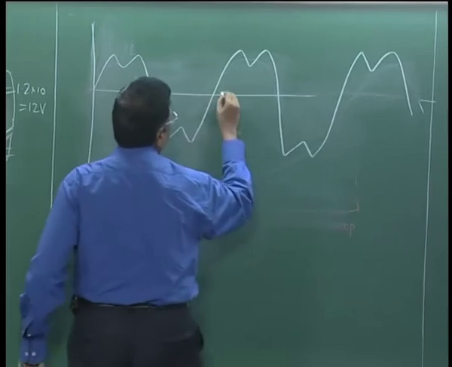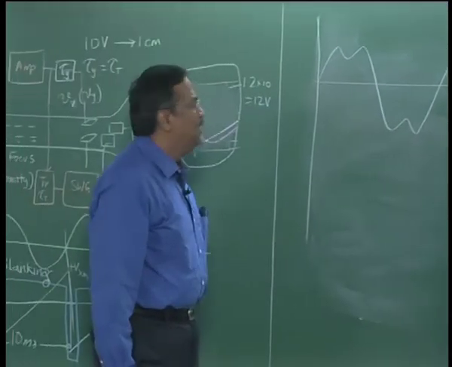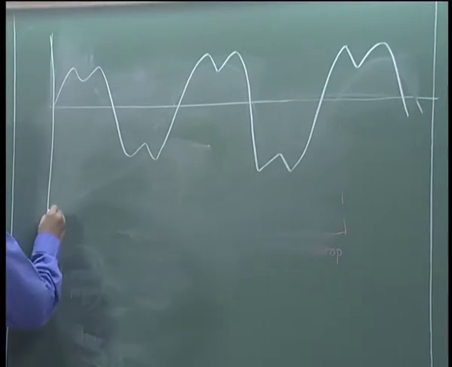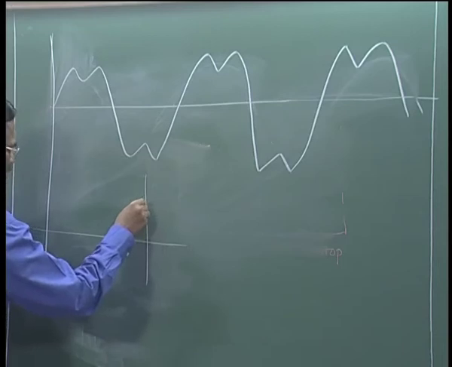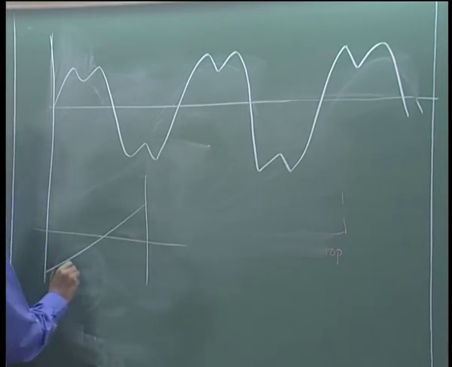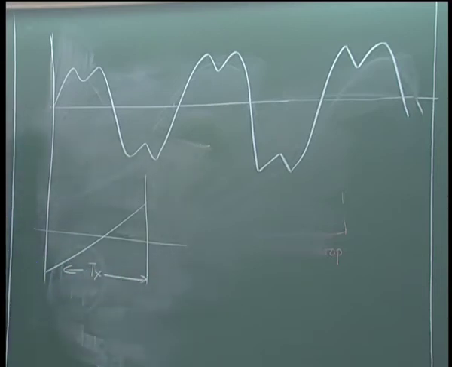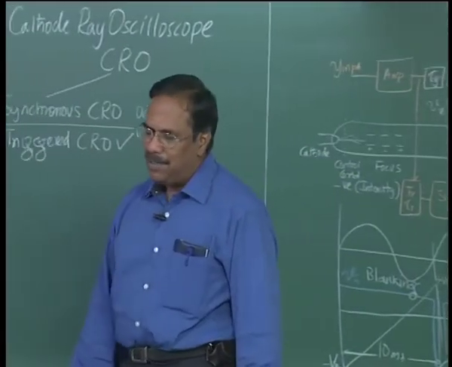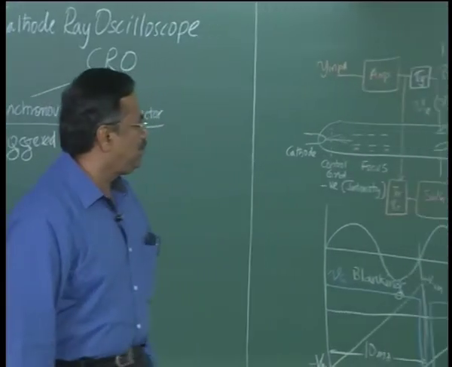Let us say this is my signal, a distorted sine wave, and I have kept my sawtooth wave generator up to this point, right. This is Tx, the x timing, whatever it is, 10 milliseconds or 20 millisecond or 50 millisecond.